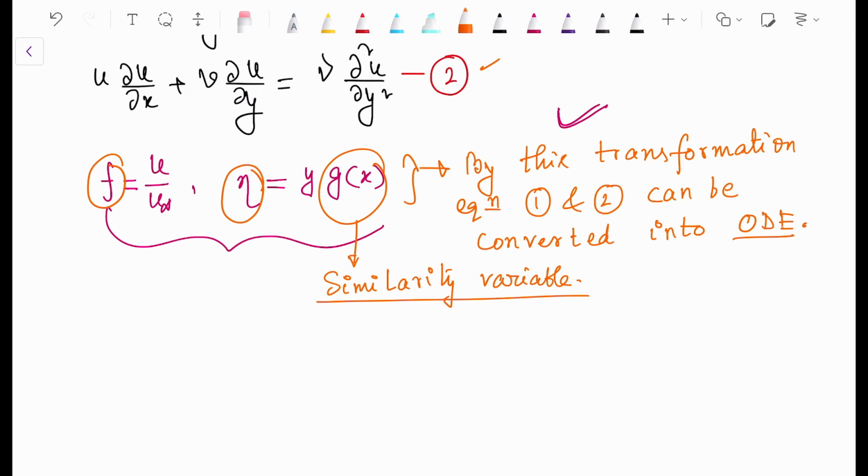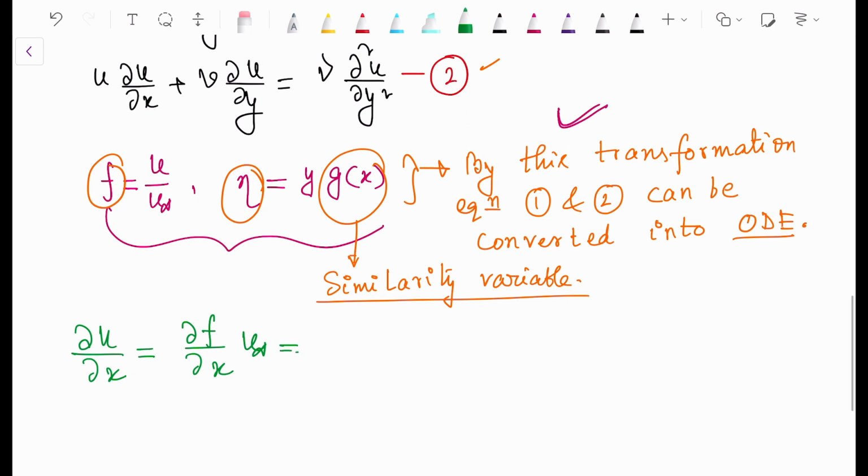So I am having del u del x. Let me do it step by step. So this is del f del x into u infinity.